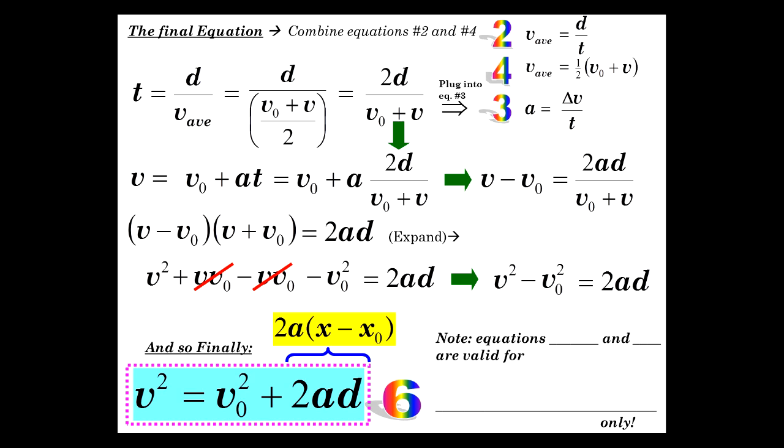Recognizing that the d in this expression is really the change in position, you could think of it that way as well. Keep it in mind, now that we have these 6 expressions, that equations 4, 5, and 6 are valid only for a certain kind of motion because they are derived based on the assumption of constant acceleration.